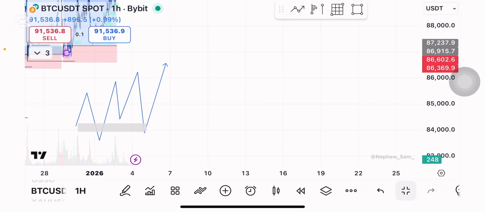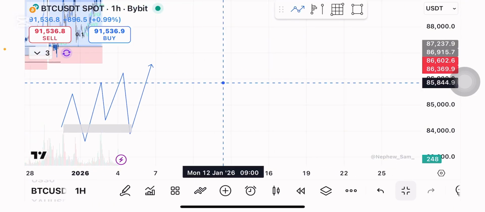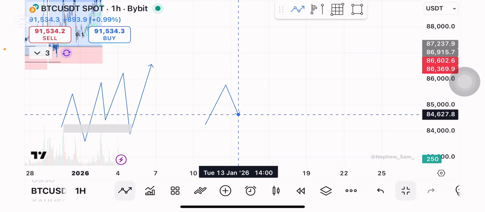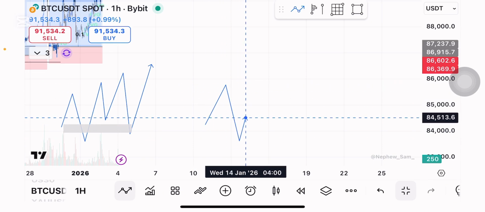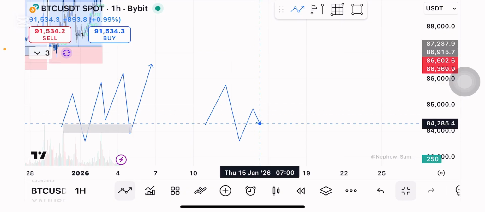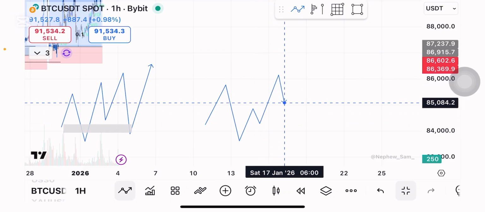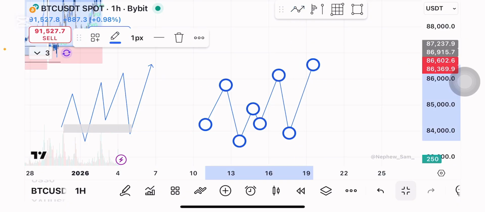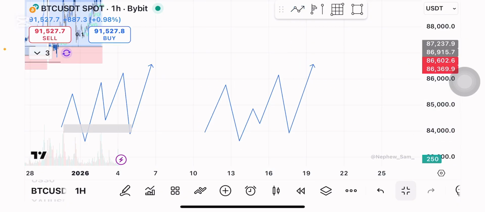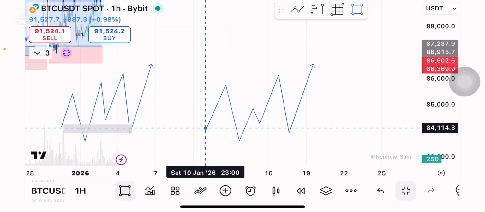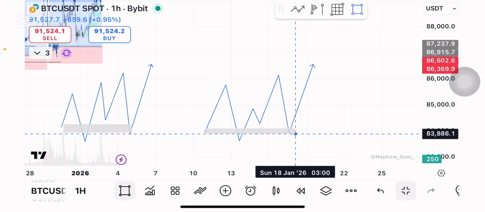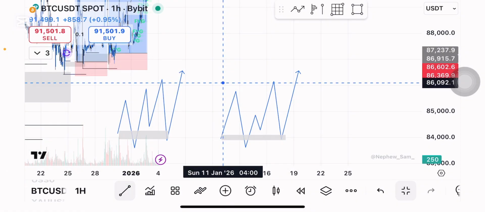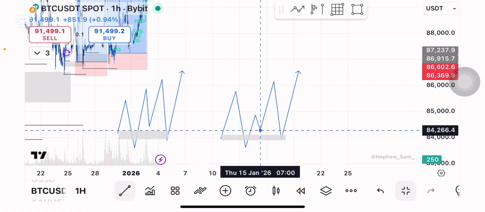Then you have the type B, which is this: a sweep, the liquidity before the break, then price comes back in, then voila. So you mark your reclaim block like this. As you can see, this is your liquidity here. For the two of them, this is the liquidity.